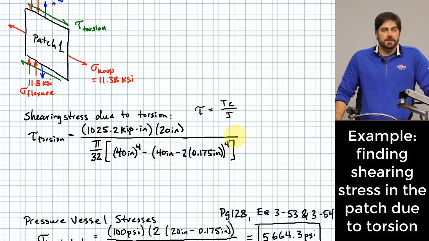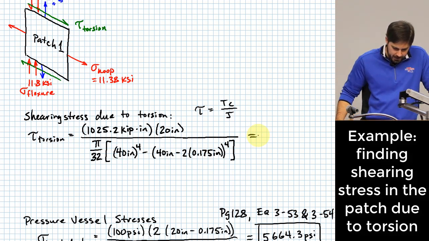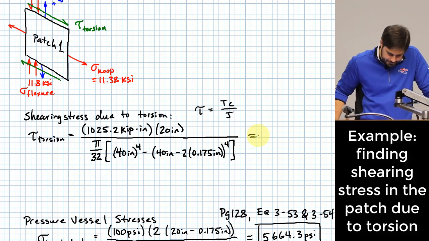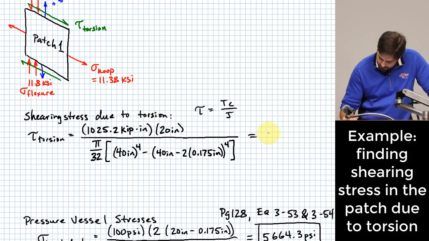All right, so what we need to do now is figure out what that value is. I believe I have this one written down as well. Just need to find it. 2,361.8 psi.